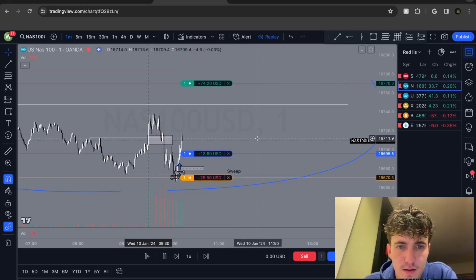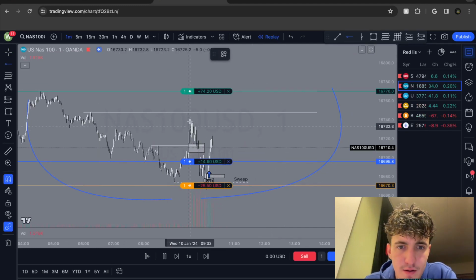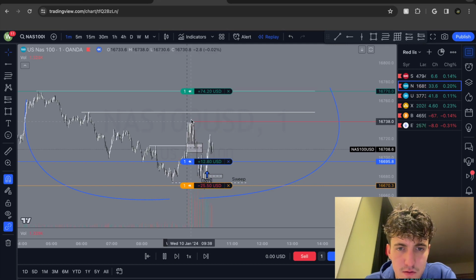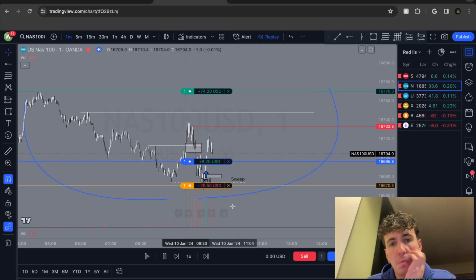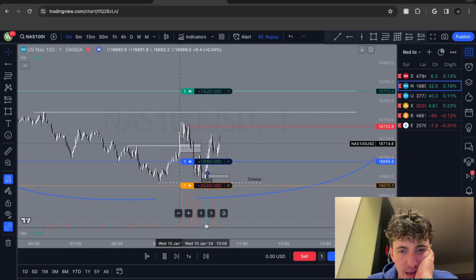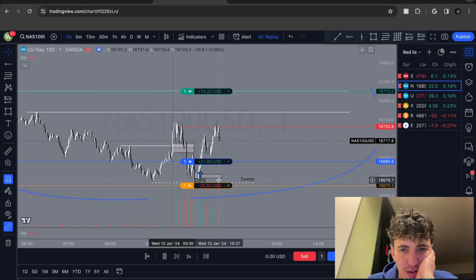Bang. Could take off some position at these highs right here. Obviously we consolidate. Maybe let's play a little faster. Eventually we slowly move up.